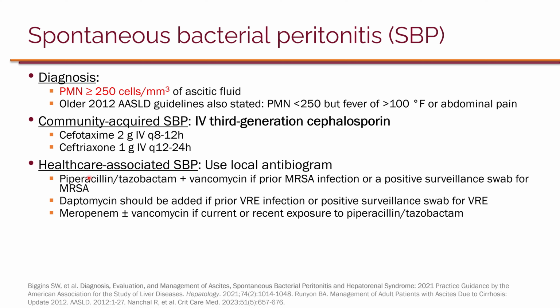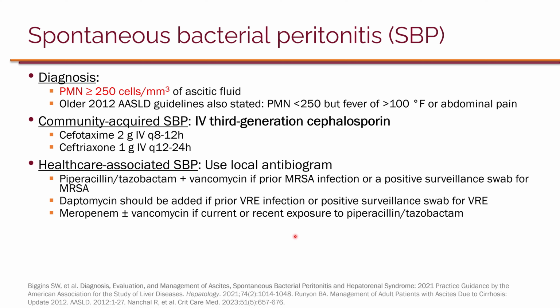For healthcare-associated SBP, it is important to use a local antibiogram to make sure that we use an agent that's appropriate. Often, piperacillin-tazobactam may be necessary. And vancomycin should be added if prior MRSA infection or a positive surveillance swab for MRSA is found in the patient. In the case of VRE, instead of vancomycin, daptomycin should be used.